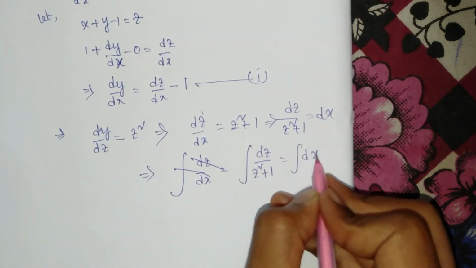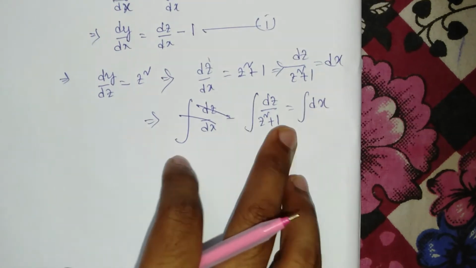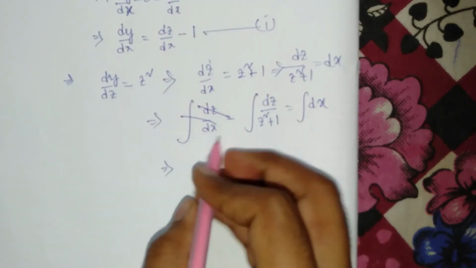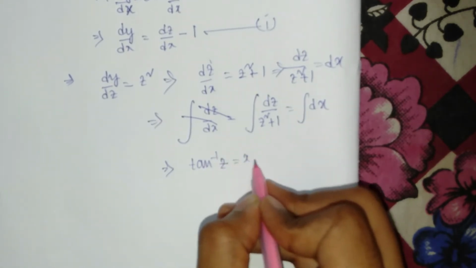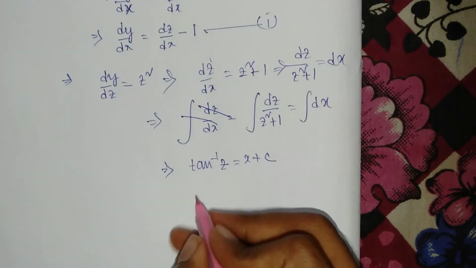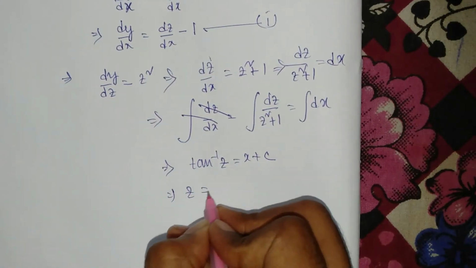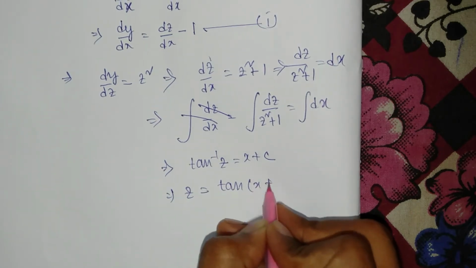Then 1 divided by a square plus 1. We have to know the formula. It is tan inverse of z is equal to x plus c, a constant term comes out. Then z is equal to, taking tan to the right hand side, tan of x plus c.